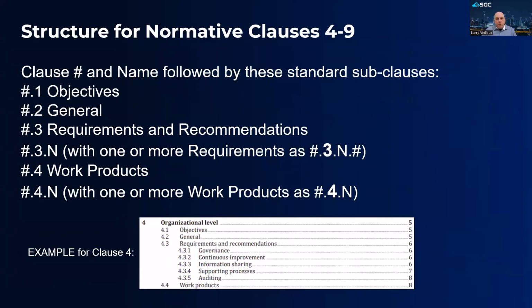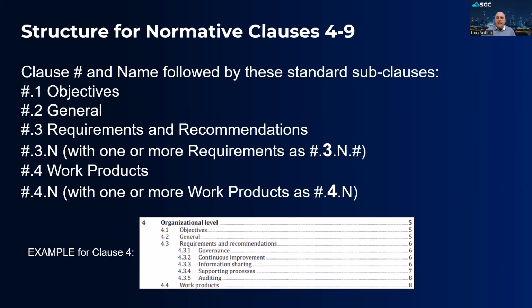Each clause is the same structure. That is the clause number and name, followed by the standard subclauses. Number dot one are the objectives, number dot two are general, number dot three are requirements and recommendations, number dot three dot n with one or more requirements as the number dot three dot n number, number dot four work products with one or more work products as number dot four dot n.